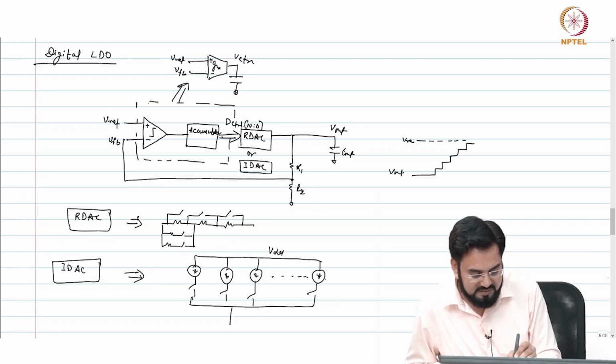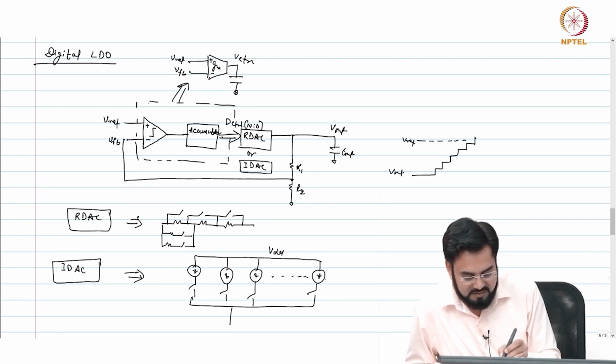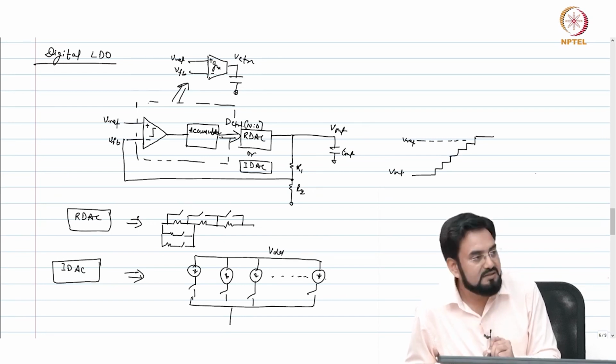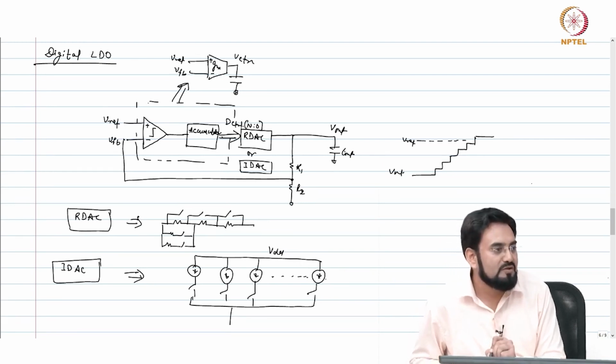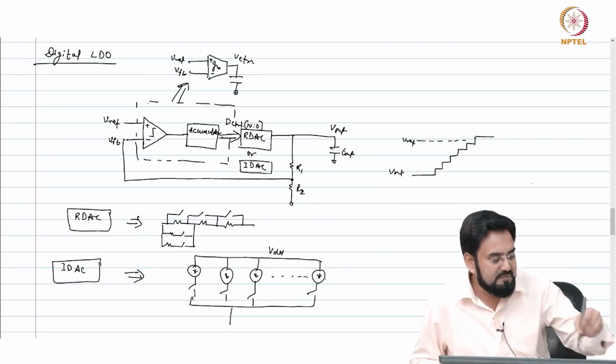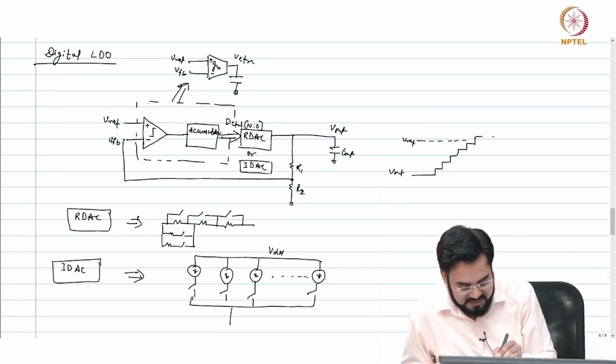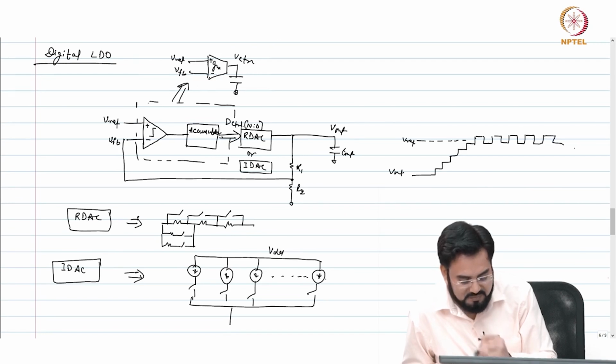So now this was still low, but if you put the next code, then it crosses. So the comparator output will be high here, here your comparator output will be low. Then in the feedback, this is low, again it will turn high. So it will keep doing this, high low, high low.